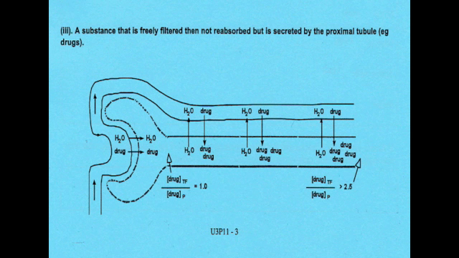And as can be seen at the end of our proximal tubule, this will lead to a greatly increased concentration of the drug in our tubular filtrate and a very much lessened concentration in our plasma, due to the fact that there is drug being secreted into our tubular filtrate from our plasma, decreasing that value, which is in turn increasing the value in our tubular filtrate. And as such, the value for our TF/P ratio is usually greater than 2.5.